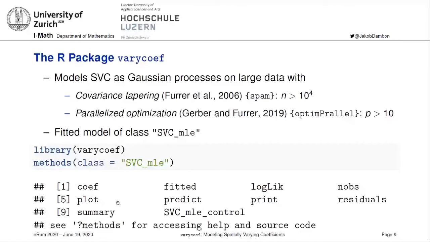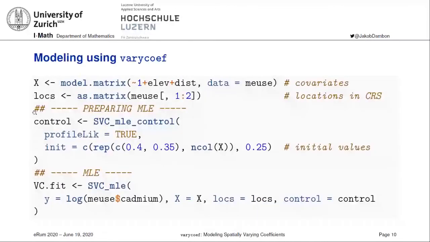Okay, so how does this now look in the code? For modeling using varycoef, the basics are quite simple. There are lots of parameters you can change, but to give you an overview, you need a design matrix, which is the first line of code.